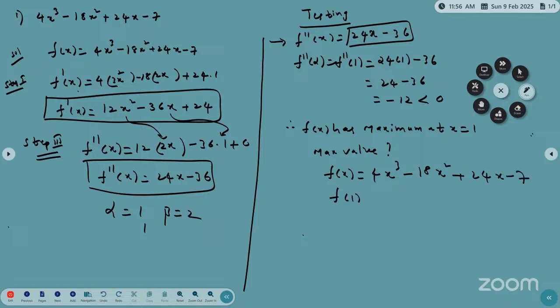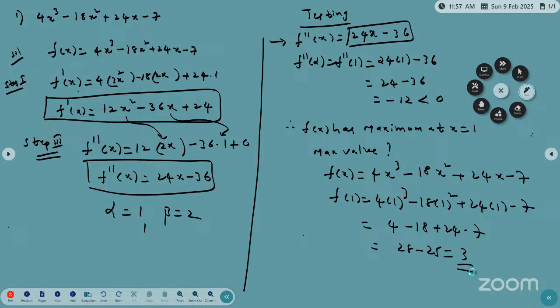Put x equal to 1. 4 into 1 cube, 18 into 1 square, 24 into 1 minus 7. 4 minus 18 plus 24 minus 7, 28 minus 25, which is 3. This is the maximum value.